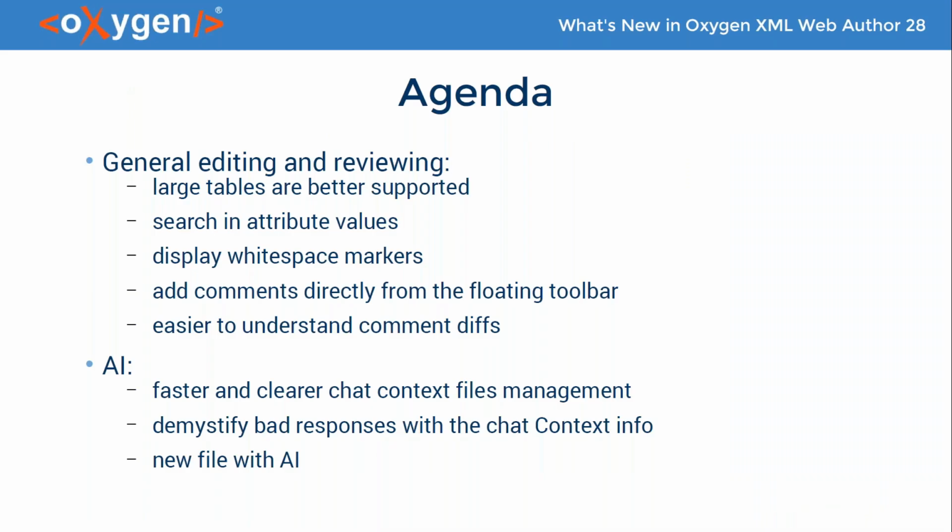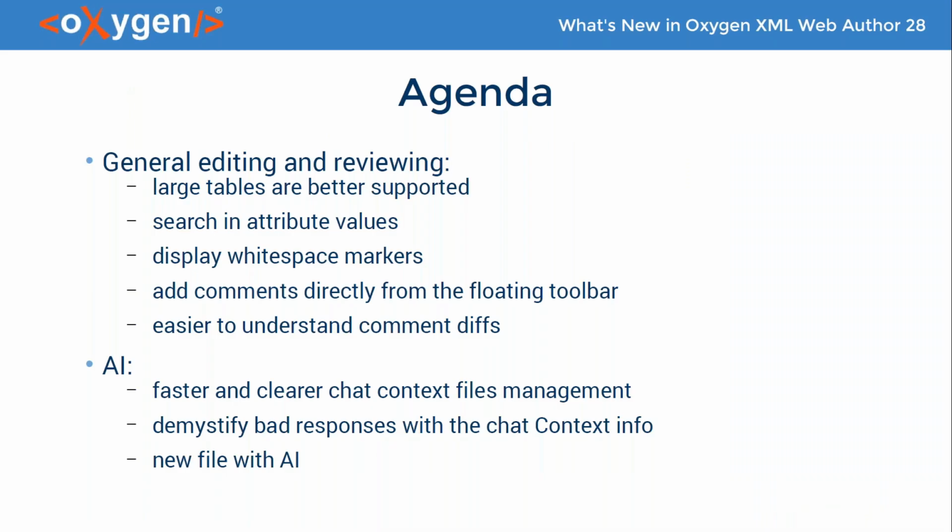On the AI part, I will show how the chat context was redesigned a little bit for better and faster context files management. Then I will show you how you can understand why you sometimes get bad responses from the AI by using the new context information.